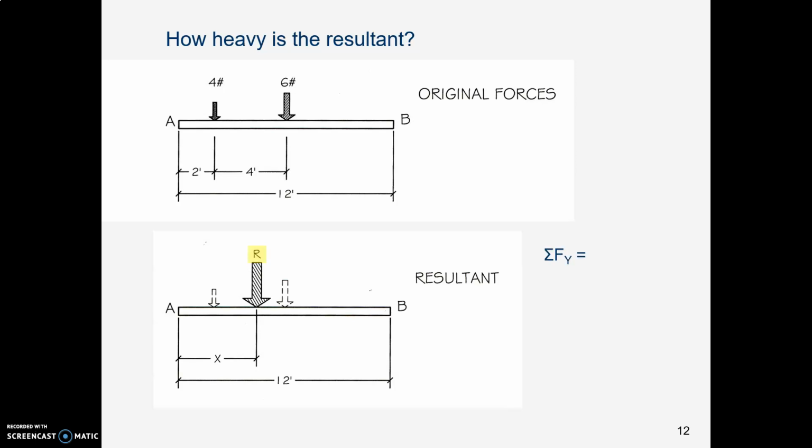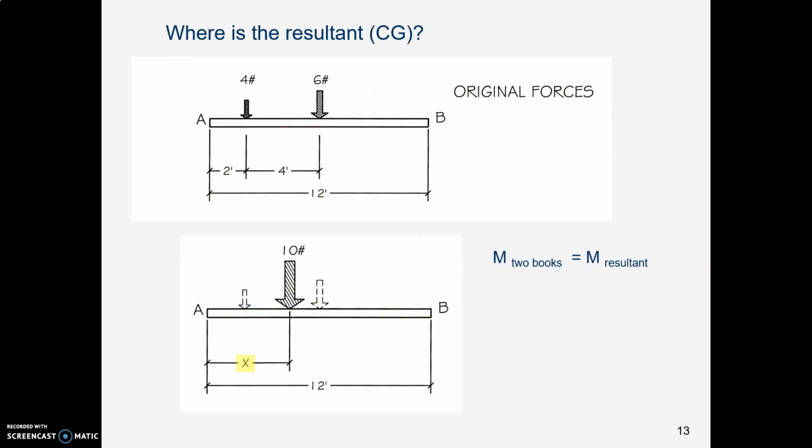Well, the weight of the resultant is the same as the weight of the 2 books. So that resultant must weigh 10 pounds. Where is that resultant? Turns out that the moment caused by the 2 books is the same as the moment caused by the resultant.